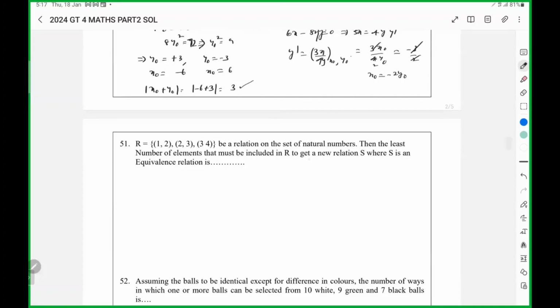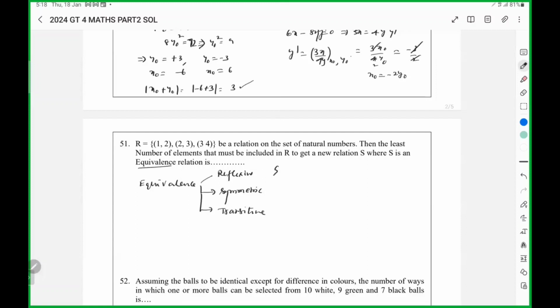Here, S is equivalence. Equivalence means reflexive, symmetric, and transitive.